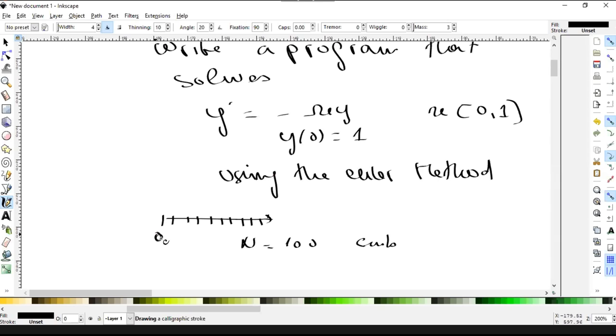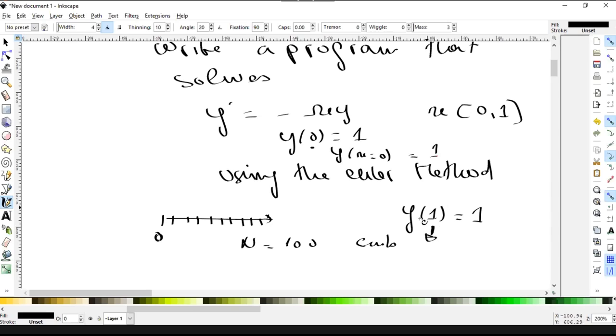Don't confuse y of 0 with the first point: in MATLAB you write y of 1 equals 1, because y will be a vector in MATLAB. Don't confuse this with the analytical notation y of x equals 0, which equals 1.